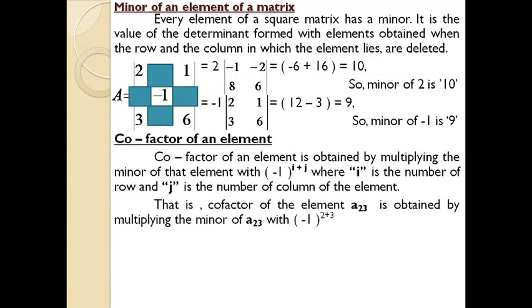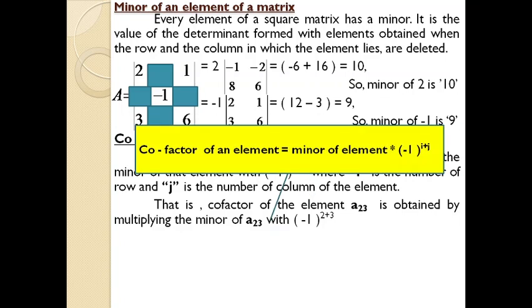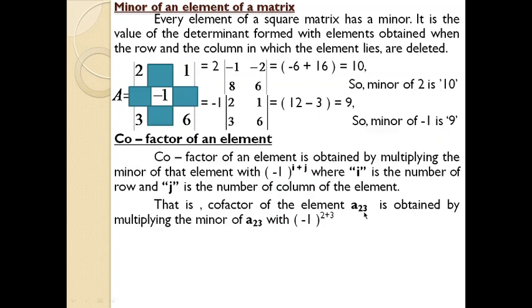For the time being, let the element be A23. A23 means 2 represents row, 3 represents column. So A23 means the position of that element in a matrix: 2 means second row, 3 means third column.